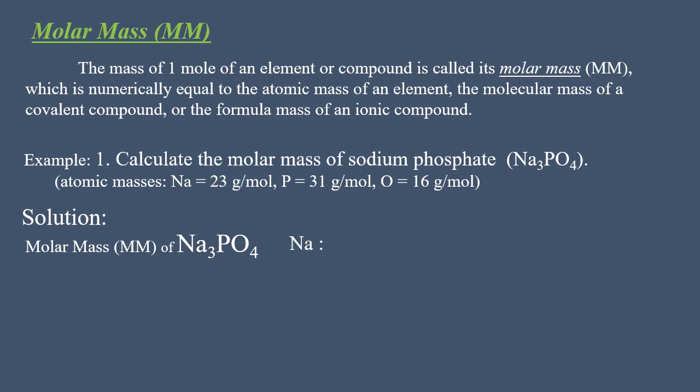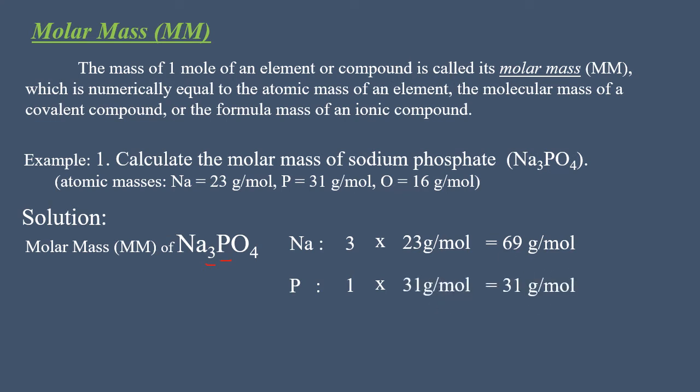For sodium, we have three atoms. So three atoms multiplied by the atomic mass of sodium, which is 23 gram per mole, and you will get 69 gram per mole. For phosphorus, we only have one atom, so that would be 1 multiplied by its atomic mass, which is 31 gram per mole, and you will get 31 gram per mole.